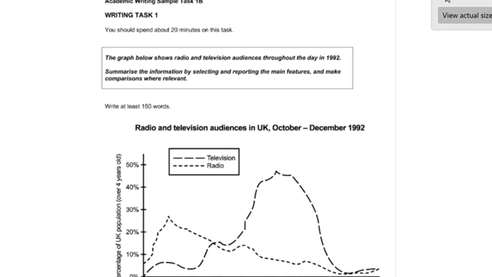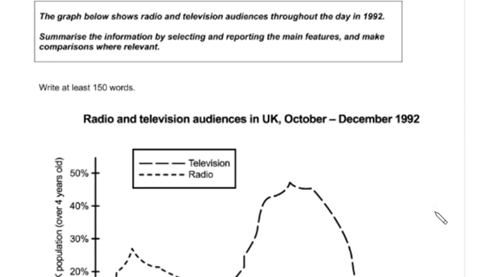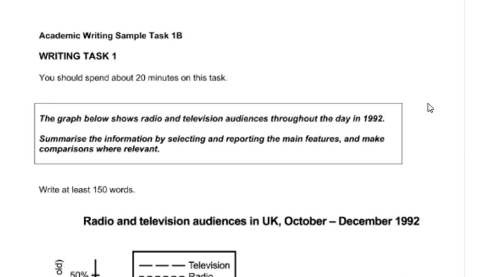First of all, let me just zoom in a little bit. Now, one thing it is really important for you guys to do is to read and understand. Okay, so here, writing task 1, you should spend about 20 minutes on this task. So that's roughly how long it should take you to analyze this chart, this graph, and all the information and create your essay.